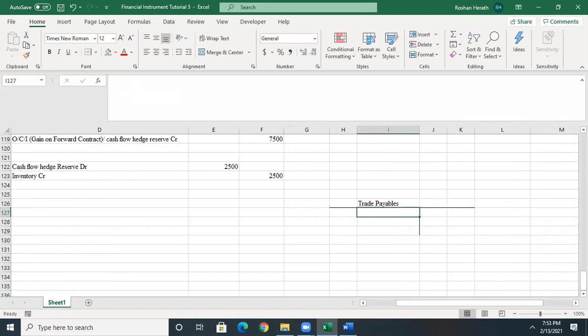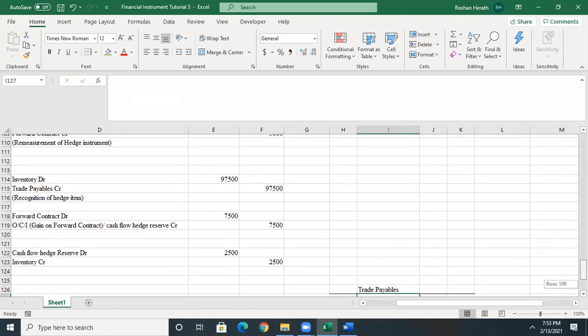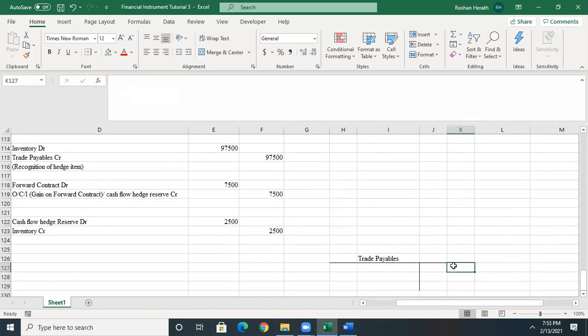Initially, we have recognized them at 97,500 over there, against the inventory. And now we are going to remeasure it on 1st of August.